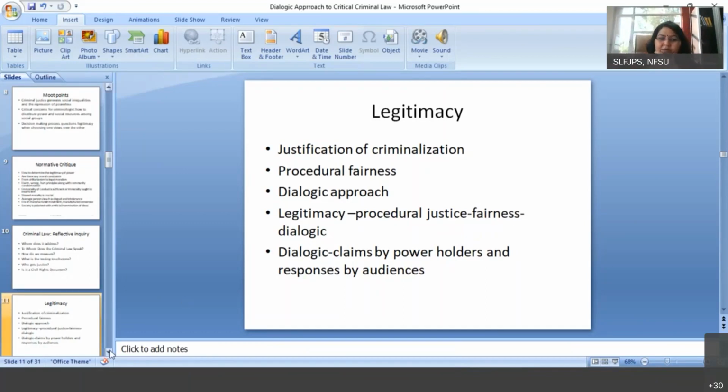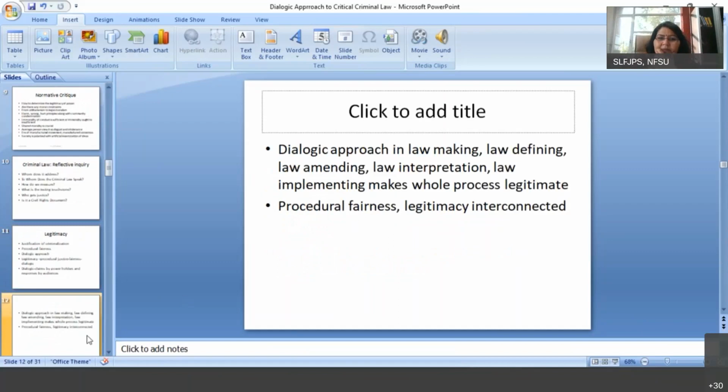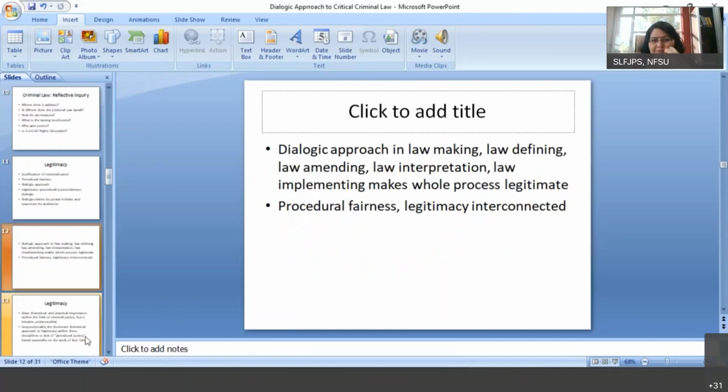So in that context, as we all know, the dialogical approach is required not only in lawmaking, but also in law defining, law amending, law interpreting, law implementing, and that whole process is something to be looked into as a holistic one.